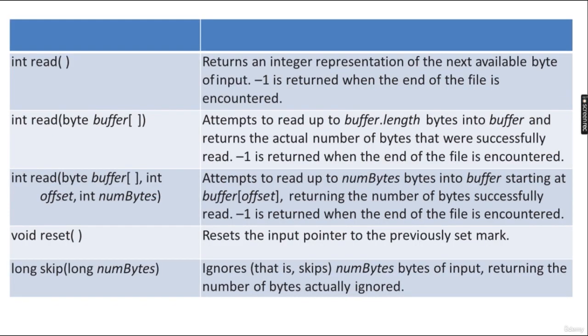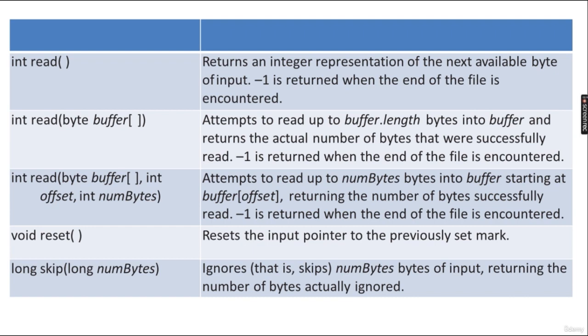int read() returns an integer representation of the next available byte of input. -1 is returned when the end of the file is encountered. int read(byte buffer[]) attempts to read up to buffer.length bytes into buffer and returns the actual number of bytes that were successfully read. What is the difference between the first read and the second read?